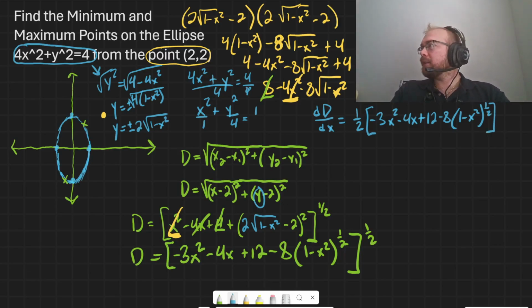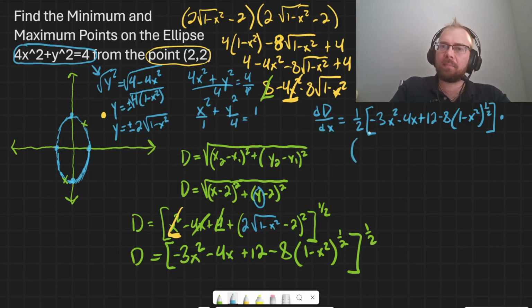Okay, that's the first part. Then chain rule, we times by the derivative of the inside, which is going to be negative 6x minus 4. The 12 is a constant, so that's just going to go away.